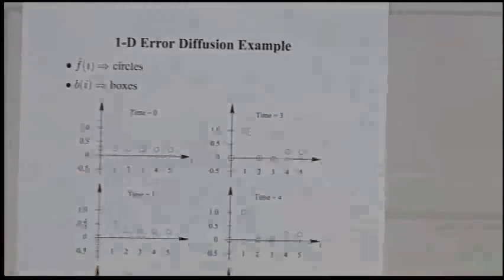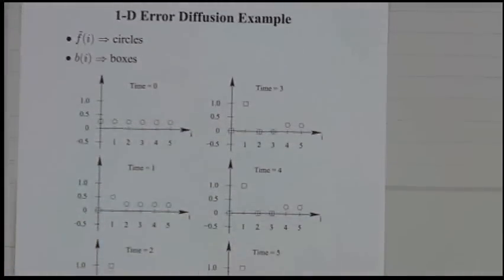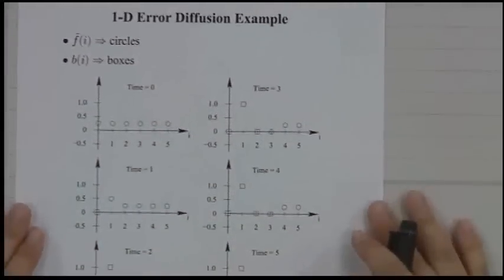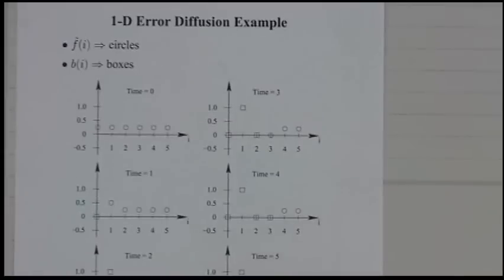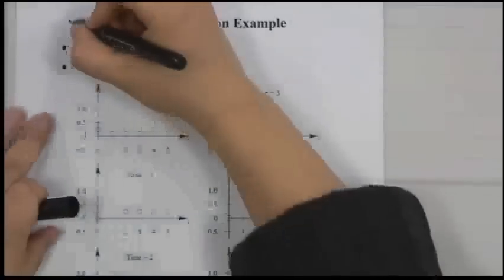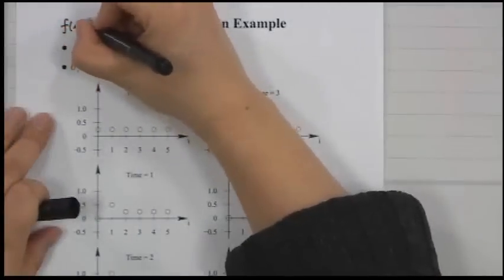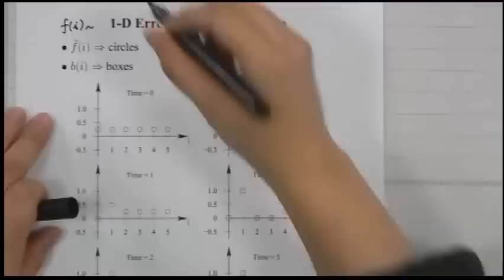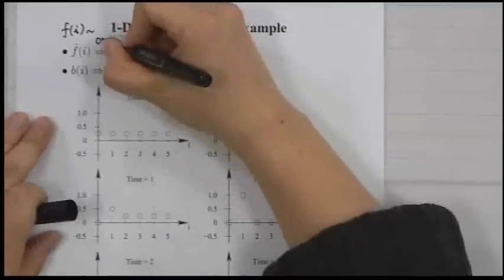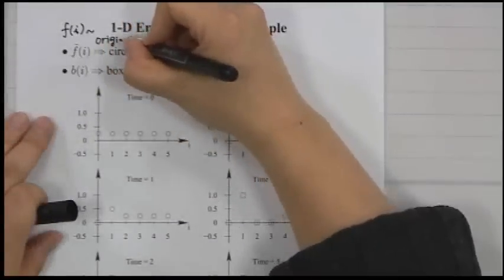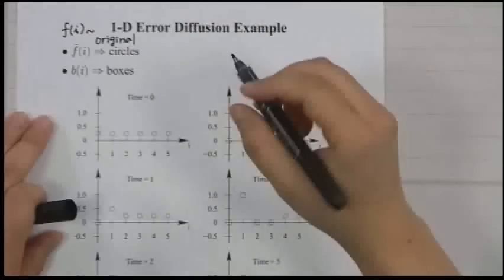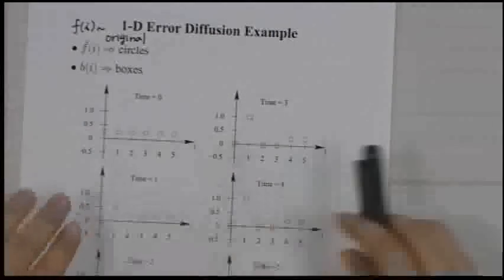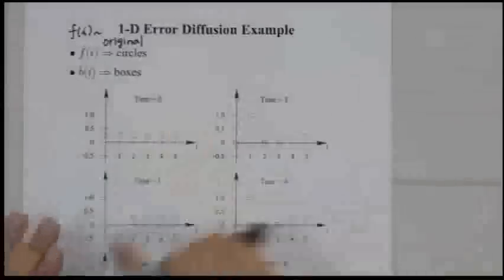So here is the actual example of error diffusion, but this is the 1D case. F tilde is the original signal. Right now we are thinking about 1D, so original signal.